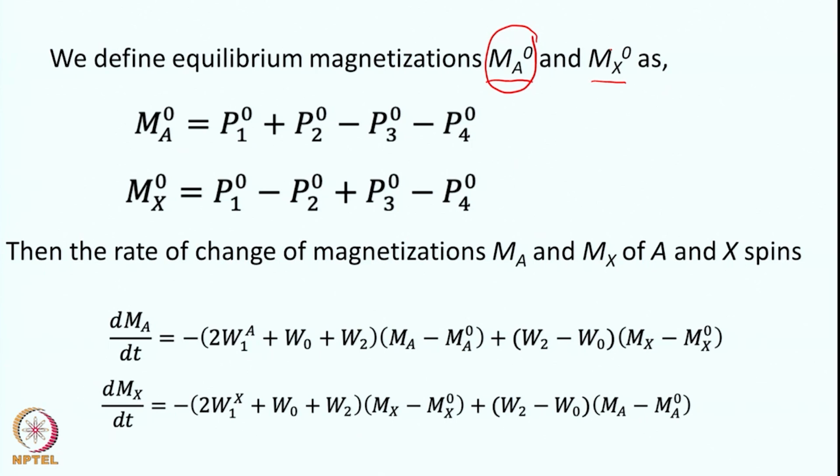So, that will give us the equilibrium magnetization of A spin. Here, if you look at what it is in simple terms, it is the population of P1 and P2 minus P3 and P4. So, 2 of these states minus 2 of these states will give you the equilibrium magnetization for A spin. Similarly, one can write for X spin.